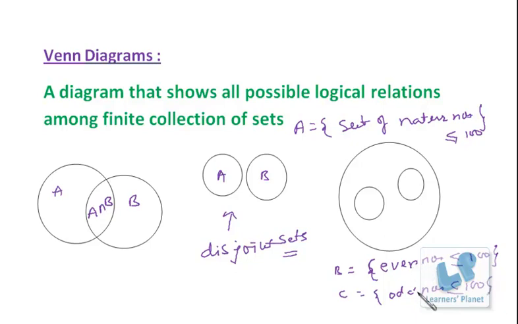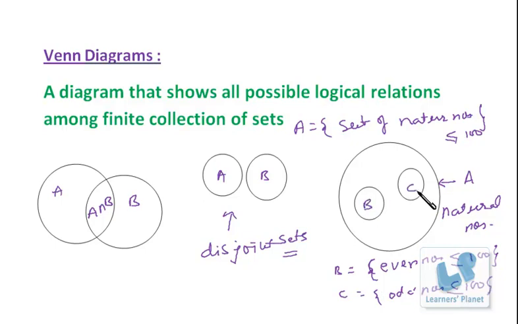Now even numbers and odd numbers, both of them are actually natural numbers. So this is the circle of natural numbers, or we can call it set A. Now these two are disjoint sets, right? Because the set of even numbers and set of odd numbers, there are no numbers common between the two. So these are disjoint sets.